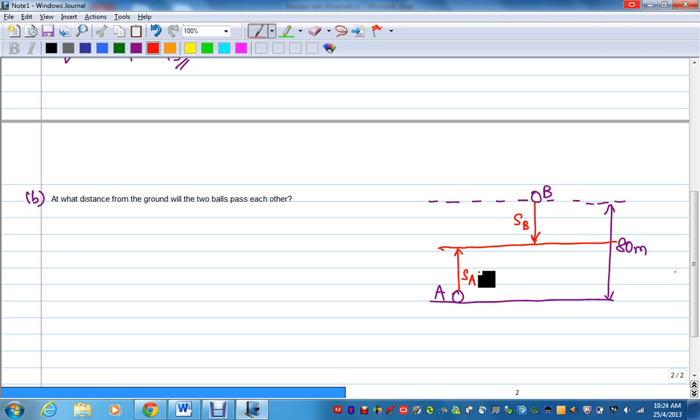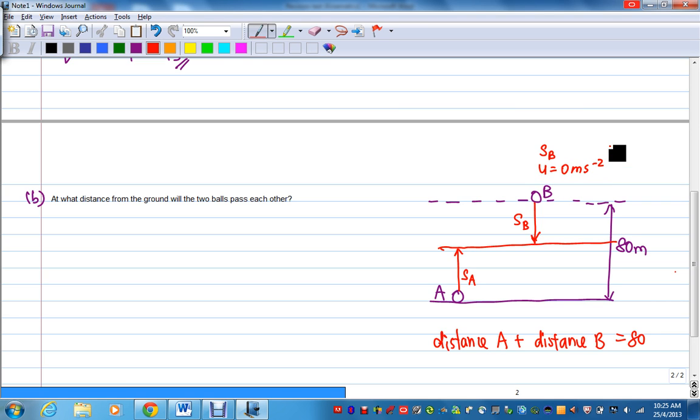So the distance traveled by A plus the distance traveled by ball B must be equal to 80 meters. With that, our task now is to find what is SA and what is SB. For B, what we do know is that the distance, we let it be SB, which is the unknown. We know that it started from rest, so the initial velocity is 0.